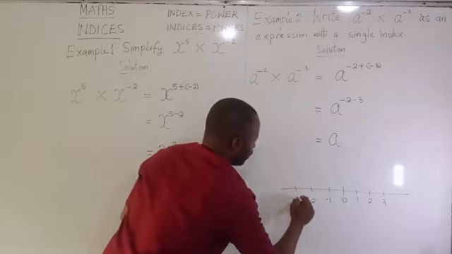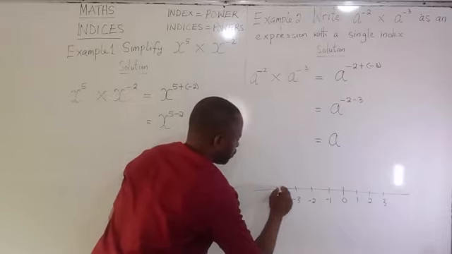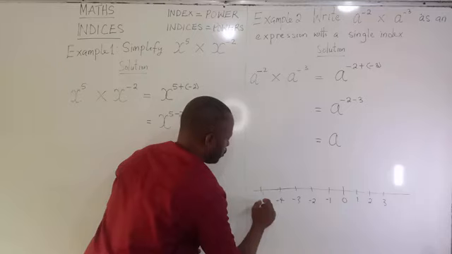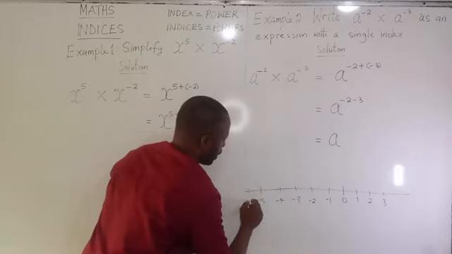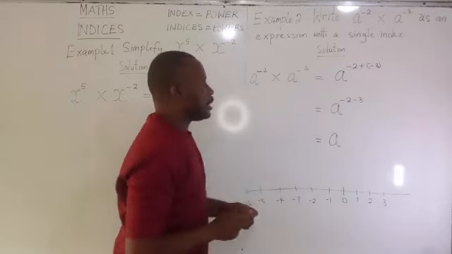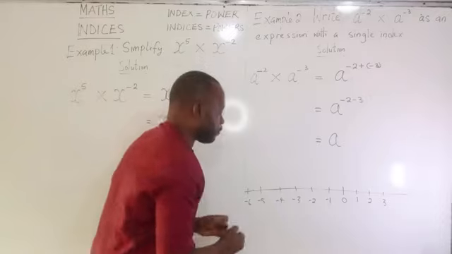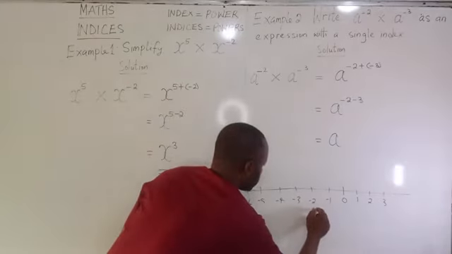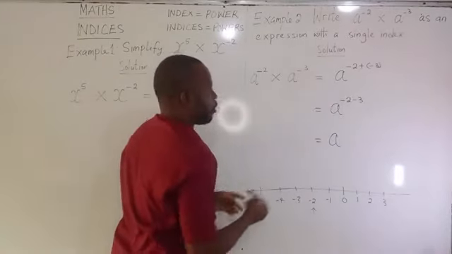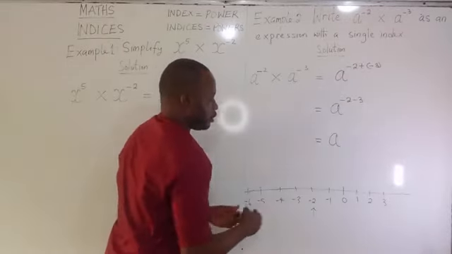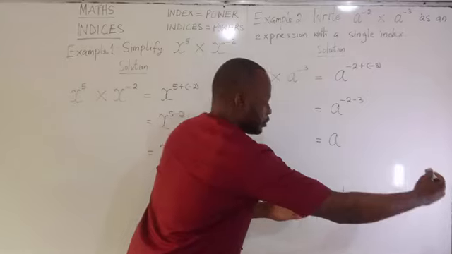Minus 2 here, minus 3, minus 4, minus 5, and minus 6. Do you remember this? And here we have minus 2, minus 3. So we start from minus 2, which is here. Minus 2. And we are told to take away 3 again. Are we going to move to the right or to the left?